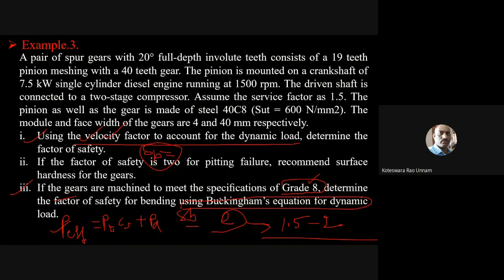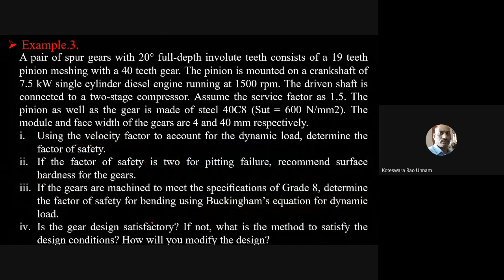Or else, if that is not the case, you need to modify your gear design. So is the gear design satisfactory? Based on the results you got using Buckingham's dynamic equation, you need to say whether your gear design is satisfactory or not. If not, what is the method to satisfy the design conditions? How will you modify the design?